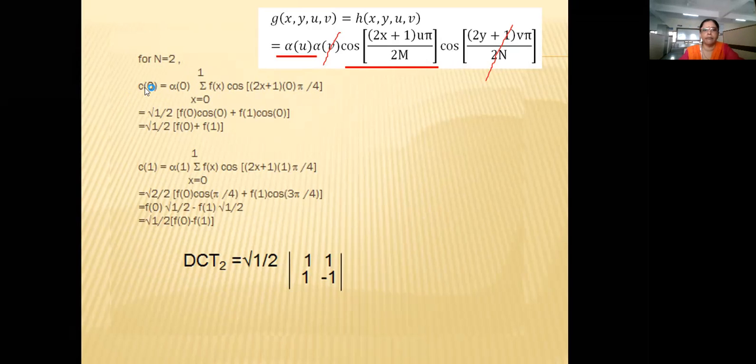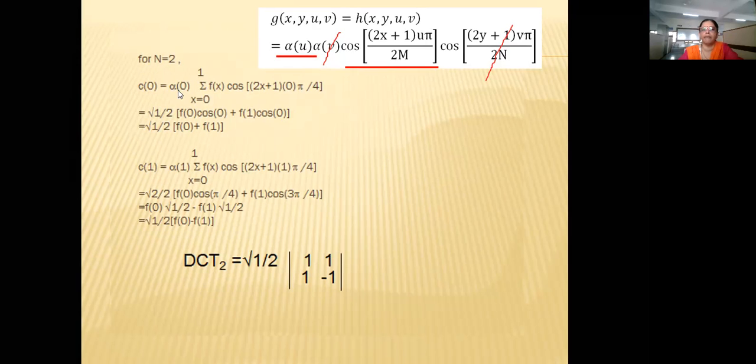Now here, when we are computing C0, it means u is equal to 0. So we replace u by 0. Similarly, here we replace u by 0. So we get this equation as f of 0 into cos 0 plus f of 1 into cos 0, and alpha 0, if you look at the previous equation, alpha 0 is given by root 1 by 2.